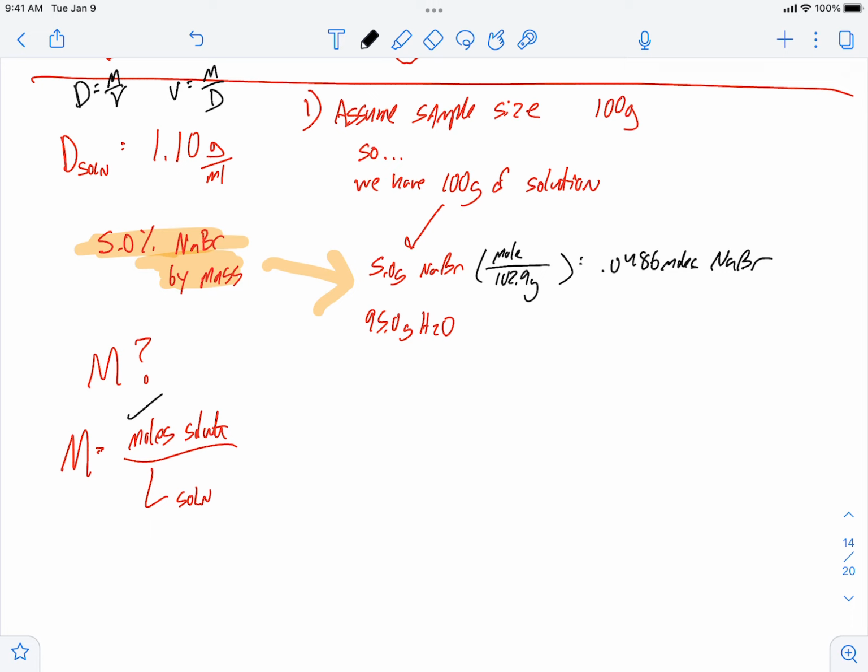We have the density of the solution because it was given. So let's take 100 grams and we're going to divide it by the density of the solution. That's our volume of our sample, but we can't use that in molarity yet because it's not in the right form.